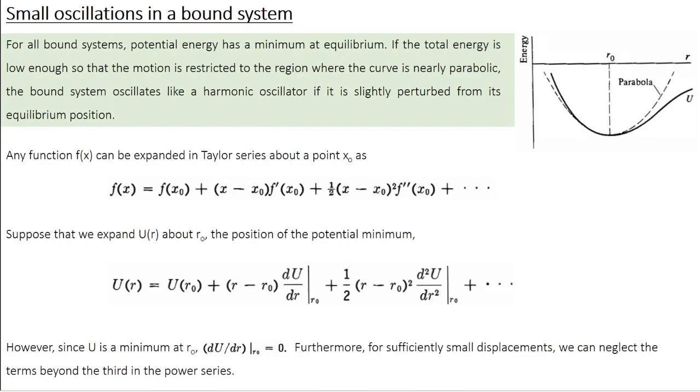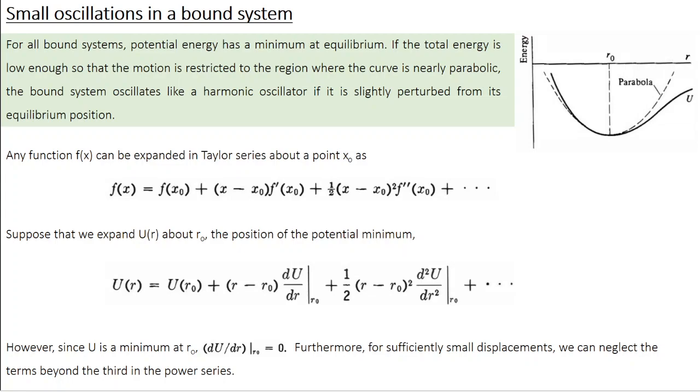In the last class, we have seen the potential energy function of a harmonic oscillator. We know that this is a second order function which corresponds to a parabola, and if the energy of this system is sufficiently small, then the motion is bounded by two turning points.